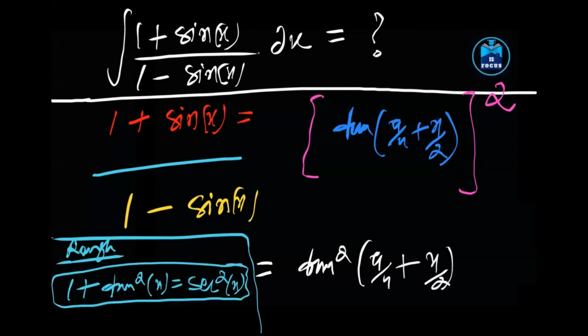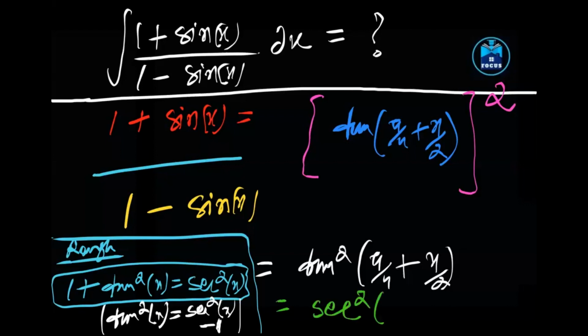So by considering that, I can keep the tan square x here, but I can take this 1 to the other side and write it as minus 1, which I can obviously use in my original question, writing it equal to sec square (pi by 4 plus x by 2) minus 1, right? So I think this is all clear.